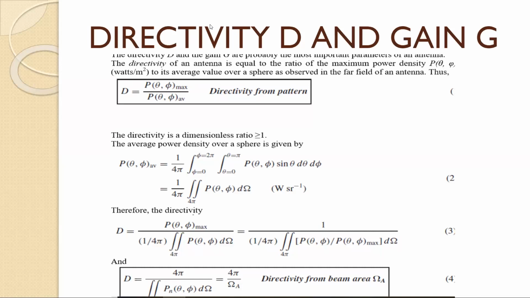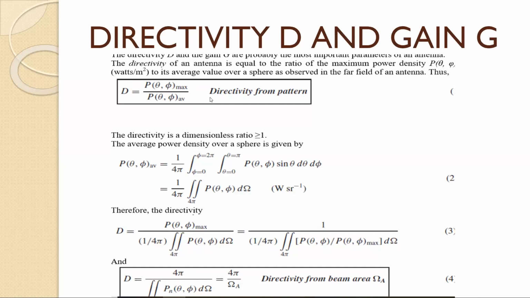So directivity equals the ratio of maximum power density to average power density, P of theta comma phi max divided by P of theta comma phi average. The directivity equation you are watching on your screens: write down in your books, D equals P of theta comma phi maximum divided by P of theta comma phi average.